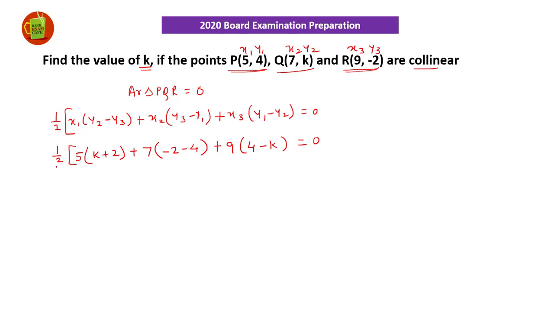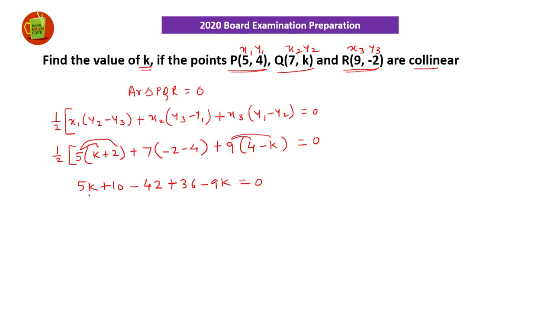If you take 1/2 to the other side, it will become 0, and multiply by 5 inside the bracket, so it will be 5k plus 10, minus, this will be minus 6 into 7, so it will be 42, plus multiply by 9 inside the bracket, so 9 4s are 36 minus 9k, which is equal to 0.